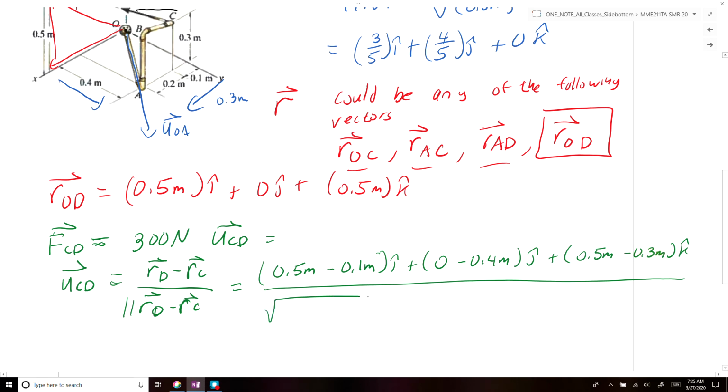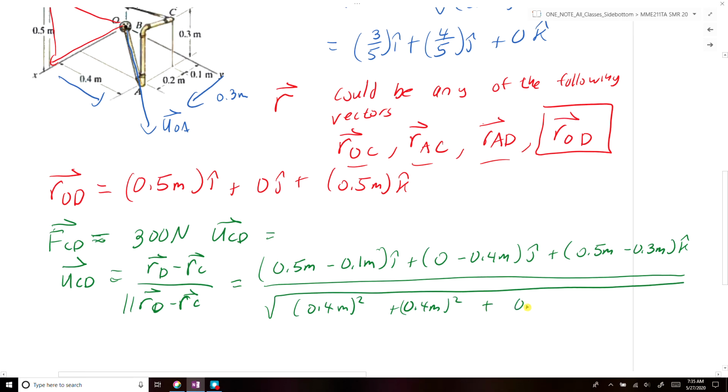So if we take those differences and square them, we get 0.4 meters squared plus 0.4 meters squared plus 0.2 meters squared, which would be equal to 0.6 meters.